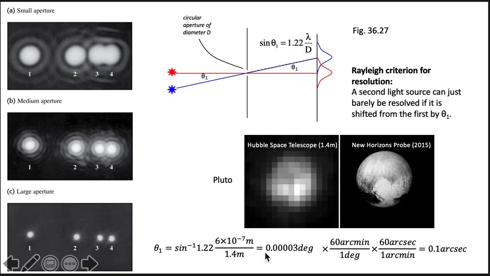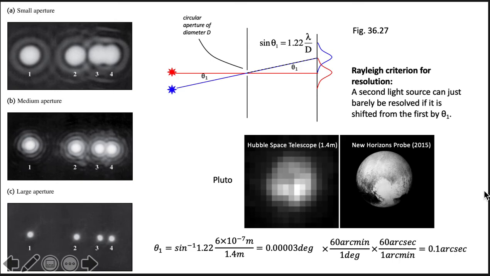Here I've converted the angle because for really small angles, sometimes astronomers use other units, and there's a unit called an arc minute. Have you heard of that? There's 60 arc minutes in 1 degree. And then even smaller, arc seconds. So 60 arc seconds is 1 arc minute. So converting that degree into arc seconds comes out about 0.1 arc seconds.